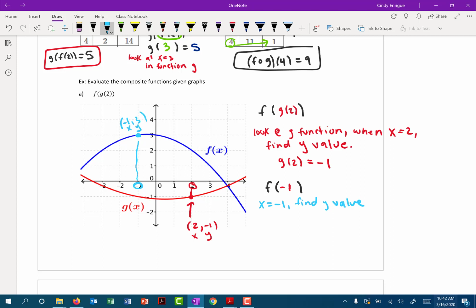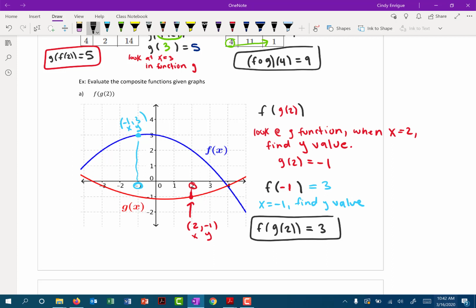So I can see that that y value is going to equal a positive 3. So I can write my final answer saying that f composed with g of 2 is equal to a positive 3. That is how I'm going to find my answer.